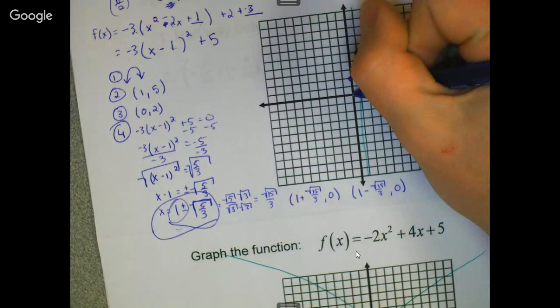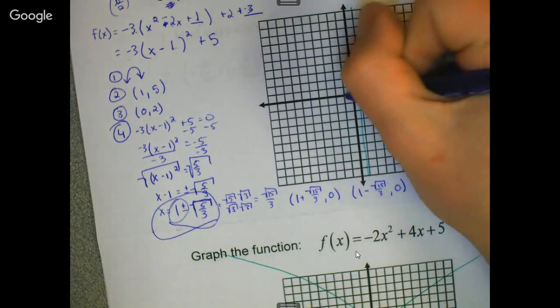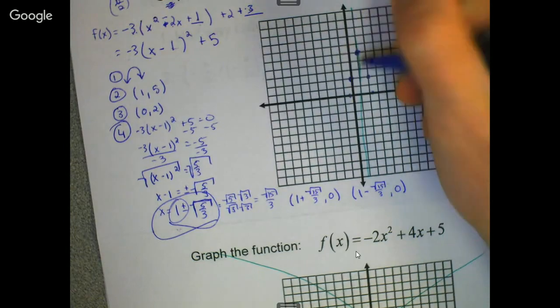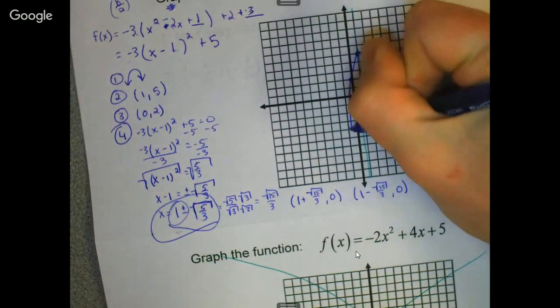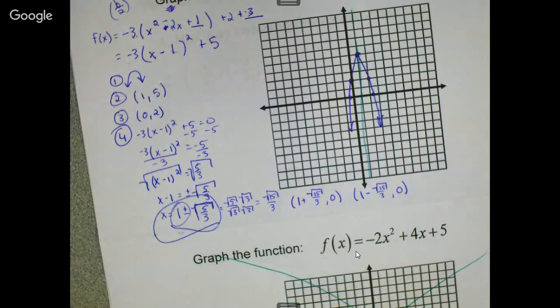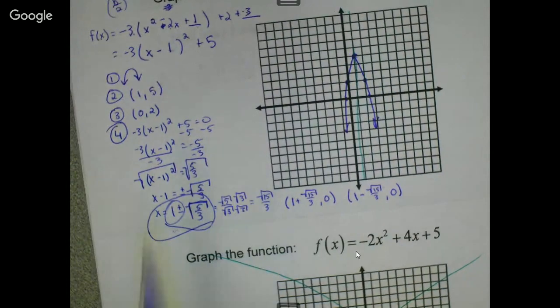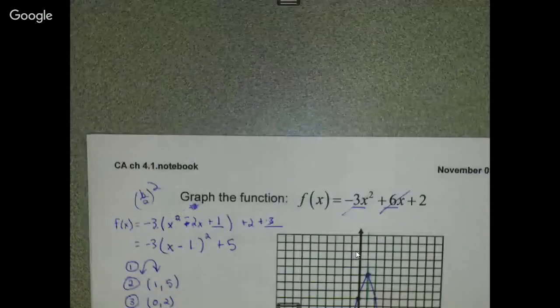If you put these into the calculator, you get 2.3. So 1 plus 2.3, and you have 1 minus 2.3. So there and there. So these can get super difficult finding these x-intercepts, but we've already found x-intercepts before. So it shouldn't be totally new.